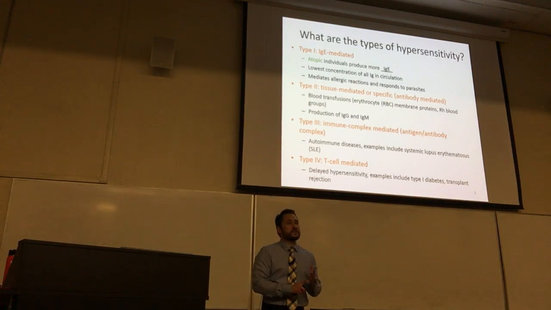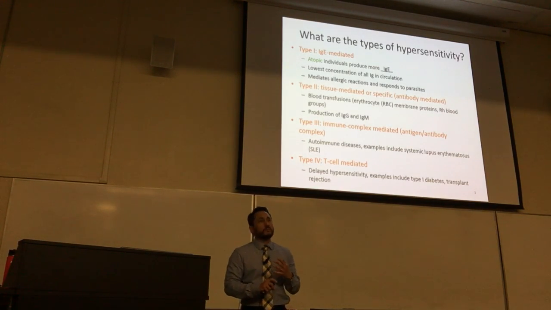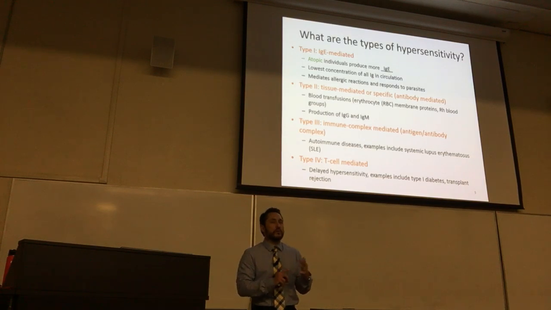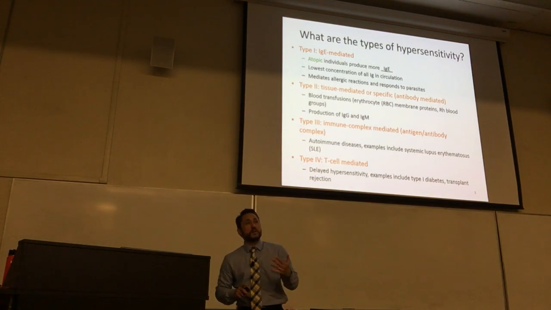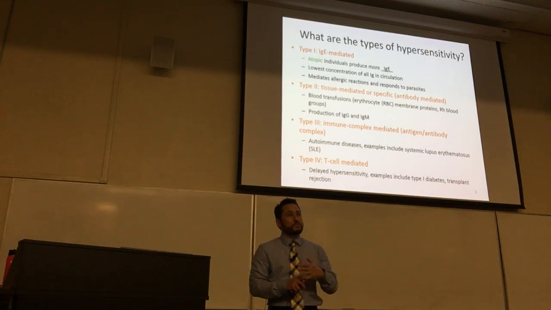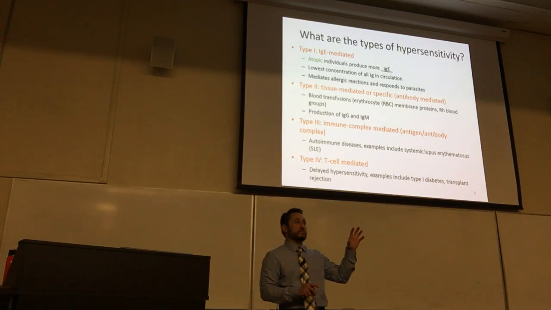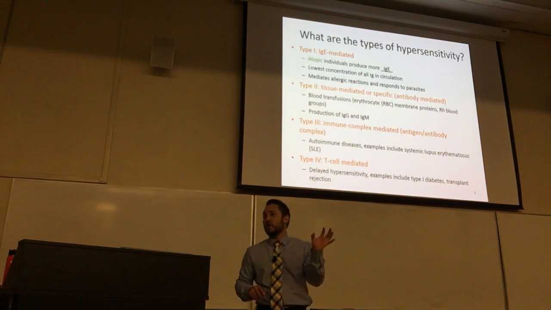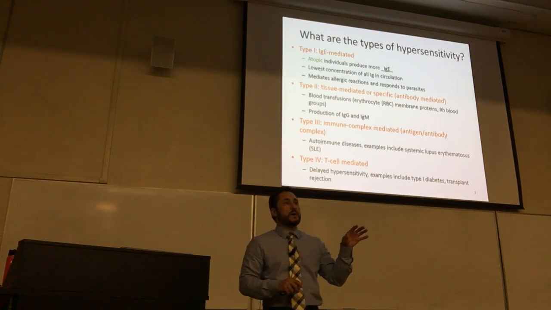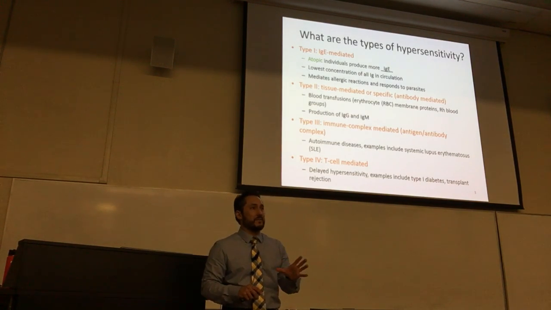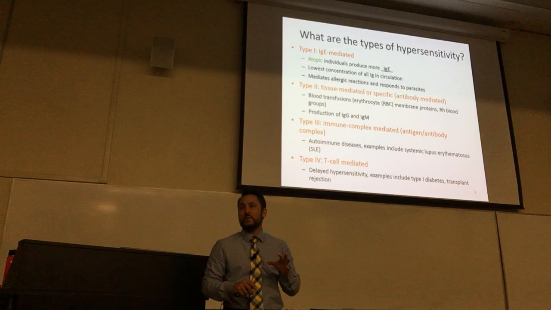The first category is antigen A or antigen B. So you can either express antigen A or you express antigen B on the surface of your red blood cell, or you express both. Or in some individuals, you don't express any of them, and that would be blood type O.